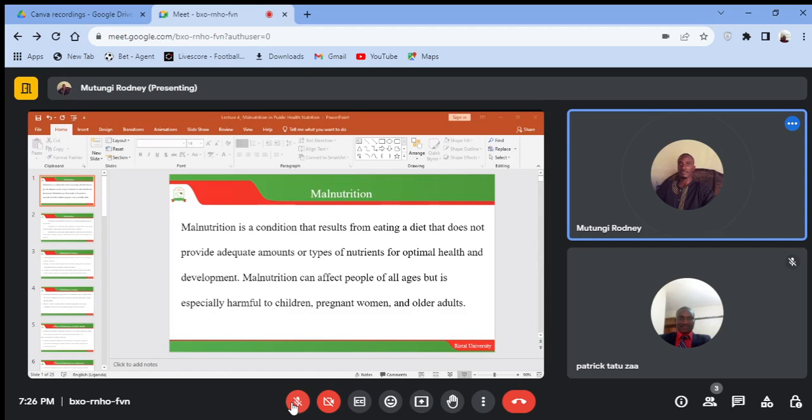So, like we said in the second slide of this session, we need to appreciate that sometimes you go into a community to put in place your intervention of nutrition, but you will find both obese people and those who are not having enough food, okay, or who are experiencing undernutrition. But you are coming to solve the problem of malnutrition.